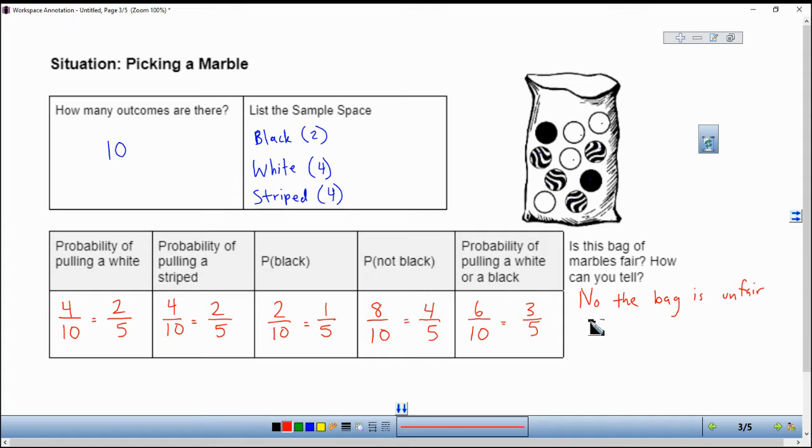The bag is unfair because the probability of picking each color is not the same.